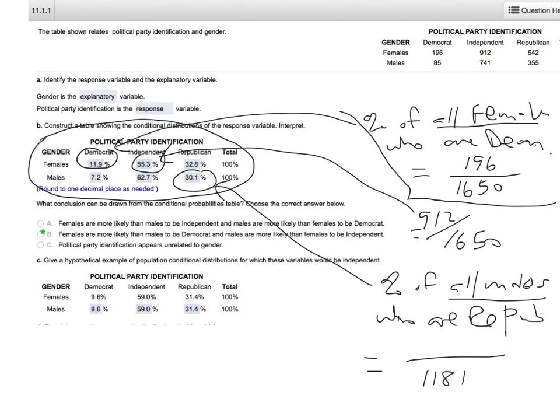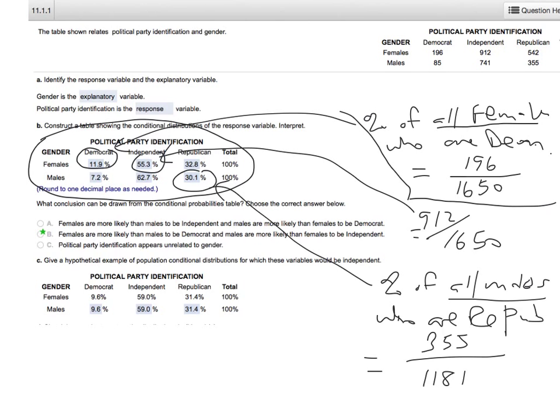The total number of males is just the sum of these numbers. Of those 1,181 males, it tells us that 355 are Republicans, so 355 over 1,181. That's where this 30.1% comes from. So each of these percentages is just coming from the percentage of females who are in each party and the percentage of males who are in each party.